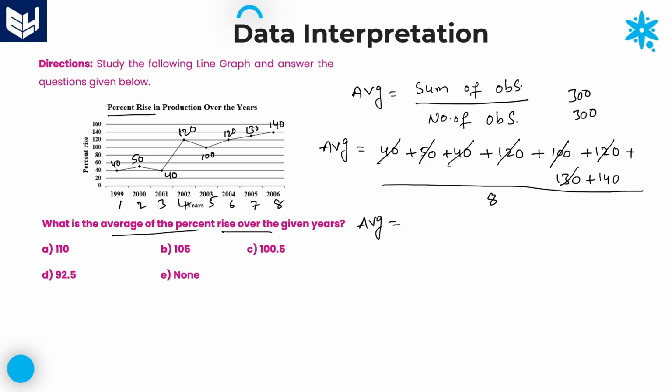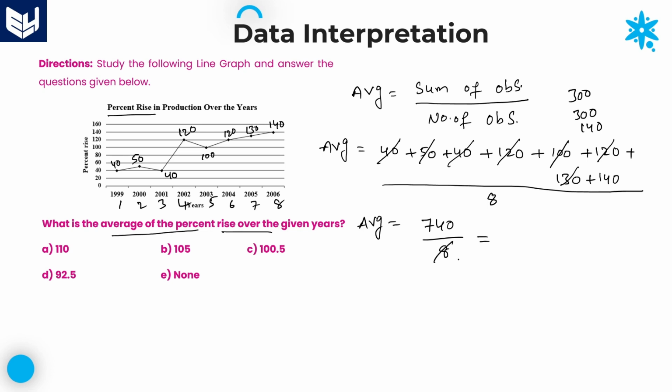Finally you will be left with 140. Now 300 plus 300 is 600, and 600 plus 140 is 740. 740 divided by 8. Now you can calculate this value.